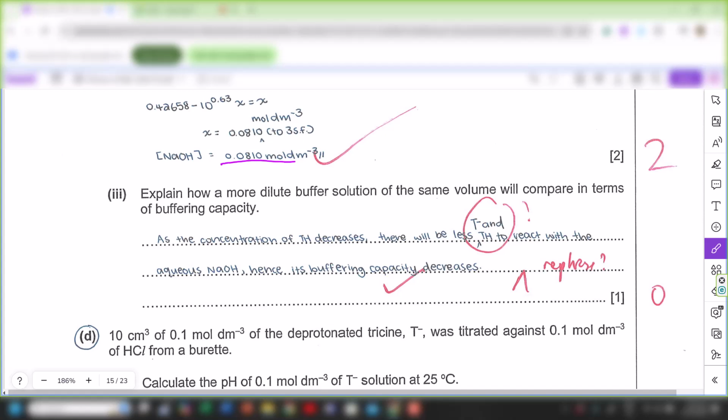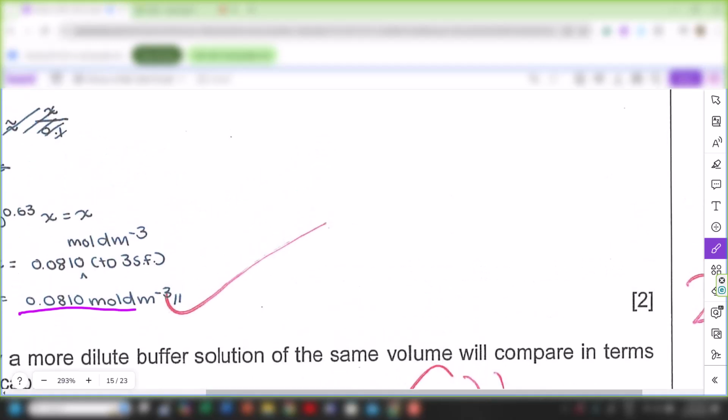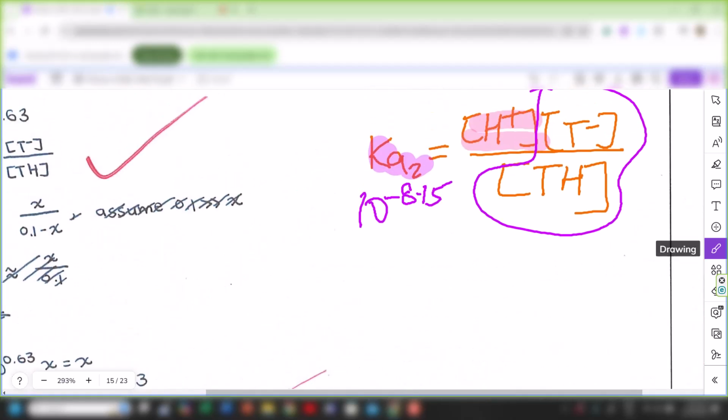In the past, in tutorials, I used an example to explain this before, so I can use it now. The example I use is just a random example using randomly chosen numbers. Let's say my T minus to TH is 100 over 100, so the ratio is 1.